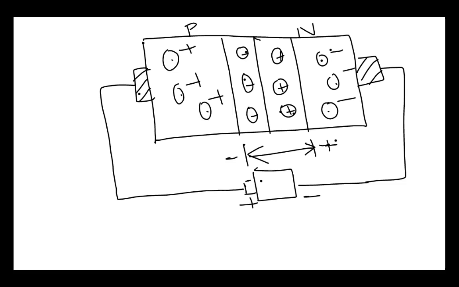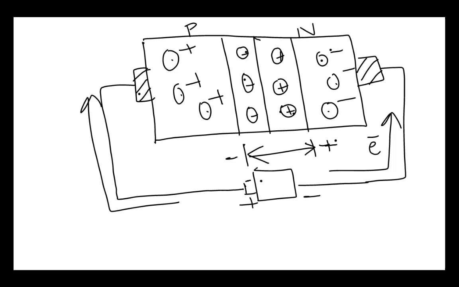So the conventional current flows in this direction, while the electron current flows in this direction. Let us see what are these two currents.